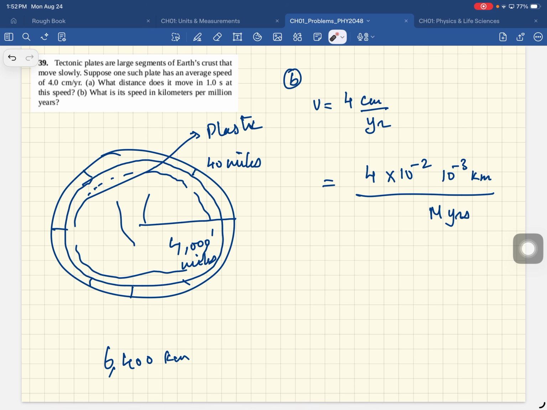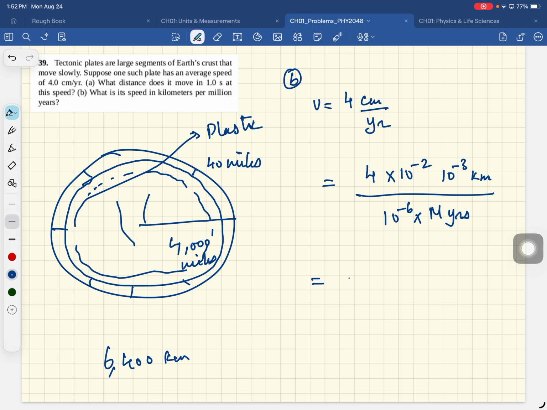And 10 to the 11 minus 6 is 10 to the 5, and then this would be 2 pi 1.5 divided by 3.65 times 2.4 times 3.6 meters per second.